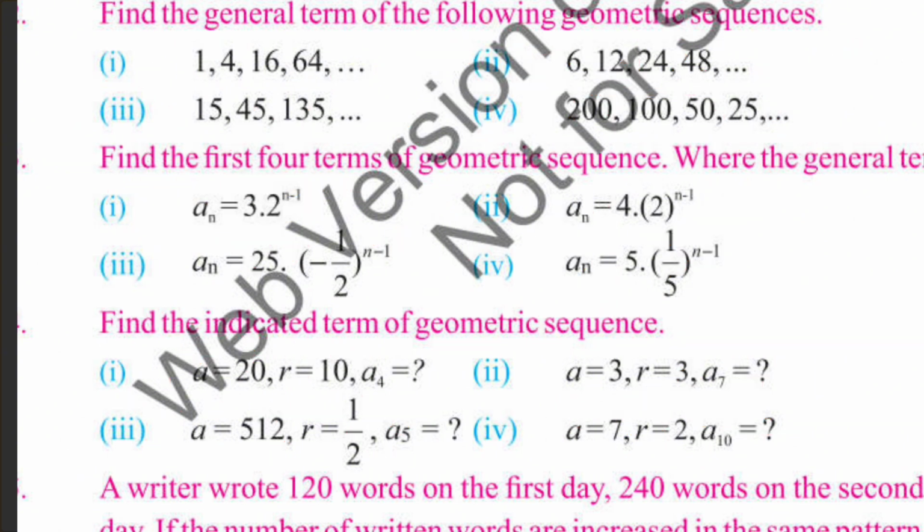Okay, next this one. Okay, let's move on. Green sheet, and right here is 6, 12, 24 and 48. First four terms we find here.